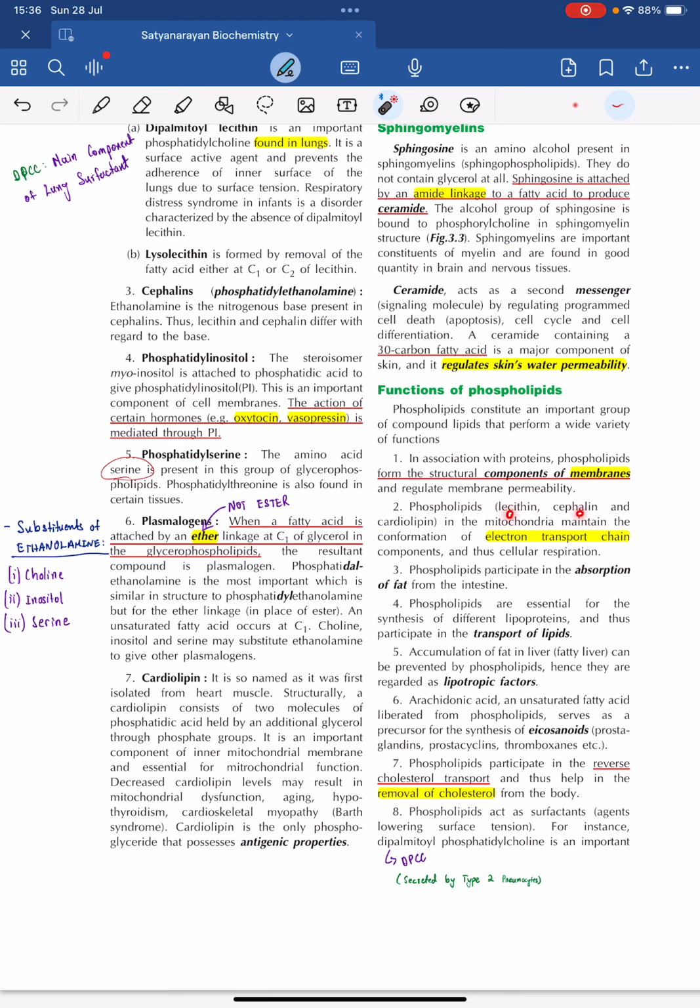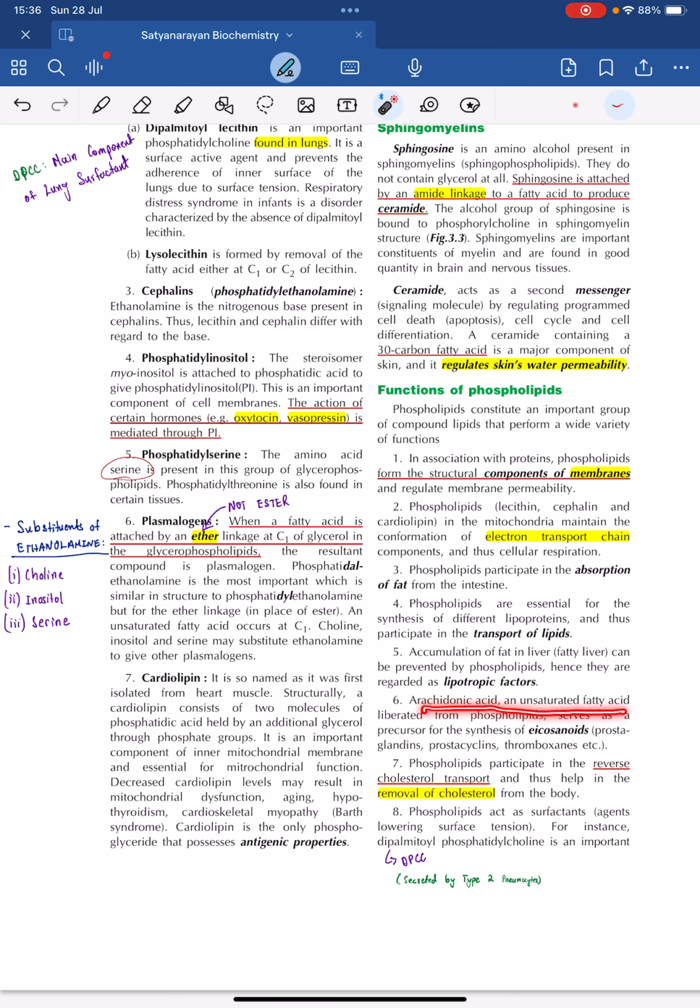Lecithin, cephalin, and cardiolipin in the mitochondria maintain conformation of the electron transport chain and thus cellular respiration. Phospholipids participate in absorption of fats from intestine. They are essential for synthesis of different lipoproteins and thus participate in transport of lipids. Accumulation of fat in liver can be prevented by phospholipids, and hence they are regarded as lipotropic factors.